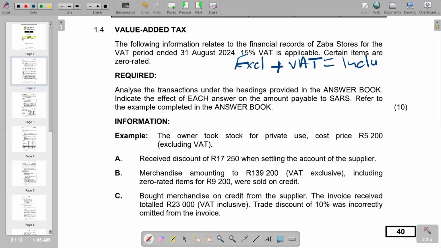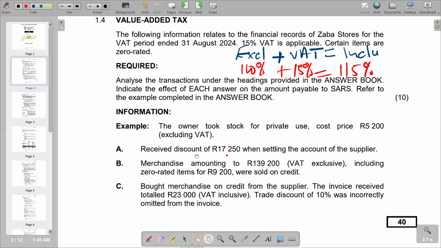So in terms of the 15% that you are given, remember the exclusive is always 100%, and the VAT amount is 15%. So that makes the inclusive amount 100% plus 15%, you get your 115%. So the figure that we are given on A is VAT inclusive, which is 115%.